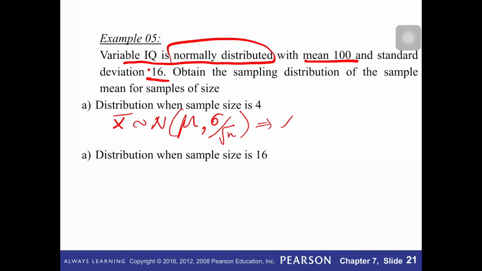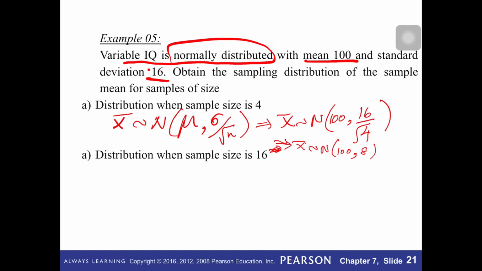So x bar is distributed normally with mu, which is 100, and sigma 16 over the square root of the sample size, 4. You can reduce this: x bar has a normal distribution with mean 100, and the standard deviation becomes 8. Next, the distribution when the sample size is 16.